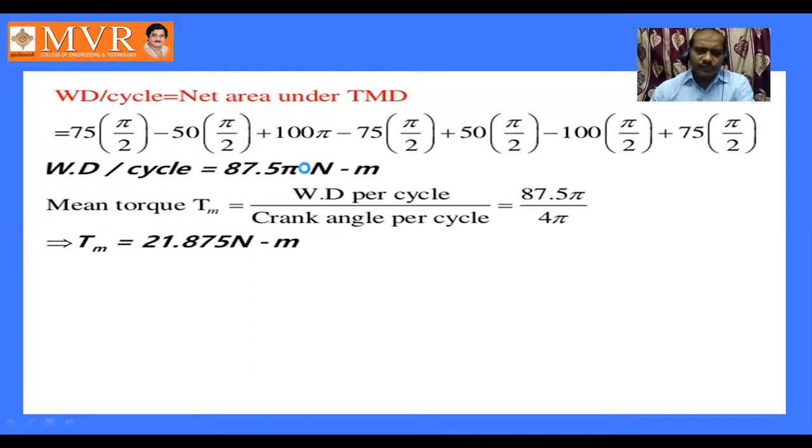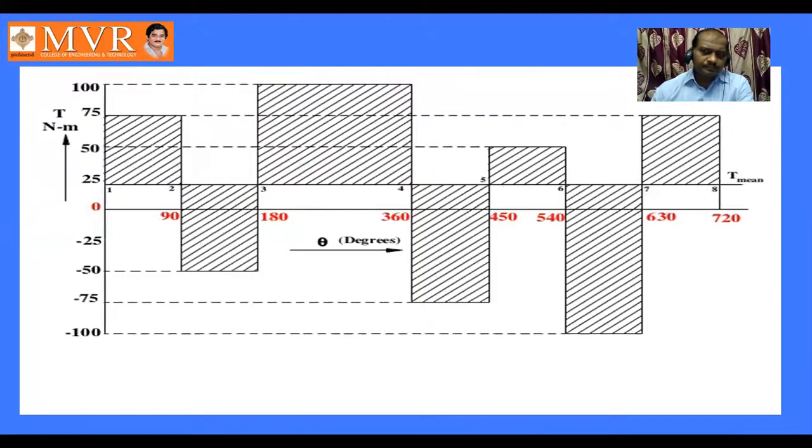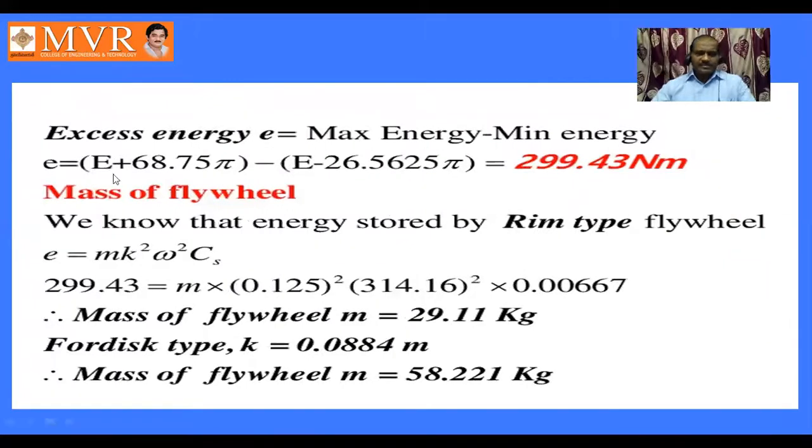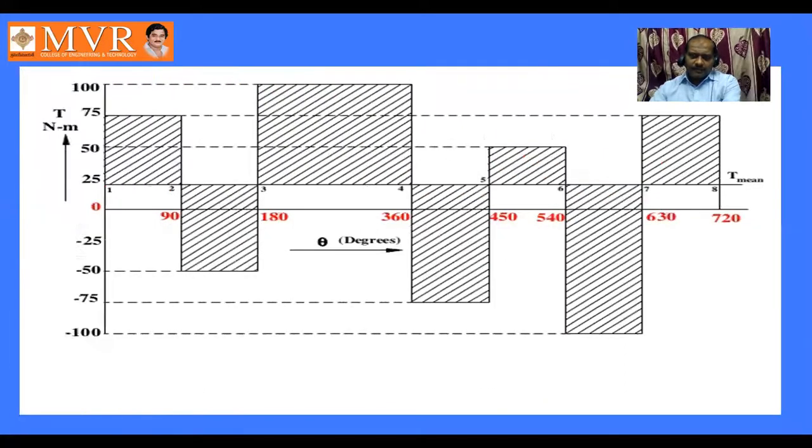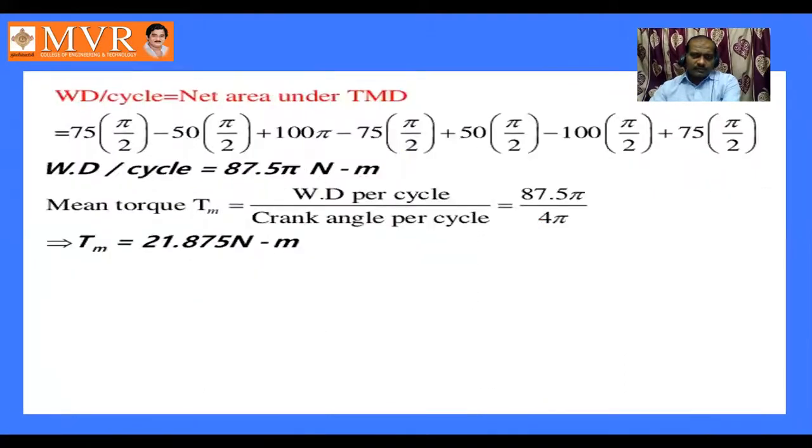The difference of this will give the excess energy, that is E plus 68.75 pi minus E minus, that is 299.43 Newton meter. That is the excess energy. So if you observe this figure, from this figure we can understand how those values are. From all this, the maximum value and minimum value have to be taken.